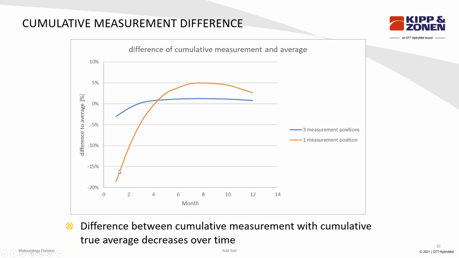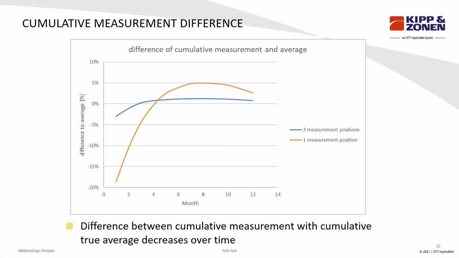As time progresses, both the 1 measurement position and the 3 measurement position come closer to the average. So if you look at the cumulative effect of a year, they are both closer to the true average than when you only consider 1 month. And we can also see that if we use 3 measurement positions, we are always much closer to the true average than when we have only a single measurement position.